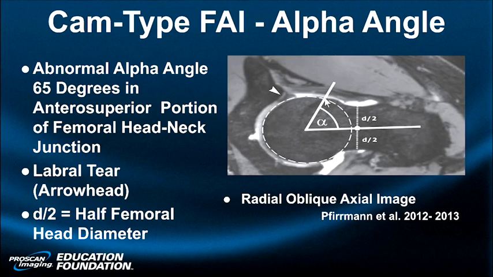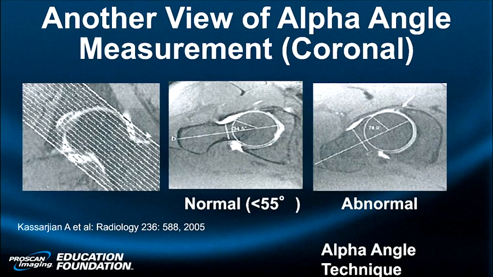This one's 65 degrees, and this particular one comes from the work of Chris Fearman from Switzerland. In order to make that alpha angle measurement, it should be done obliquely. Here's a normal one. Here's an abnormal one.